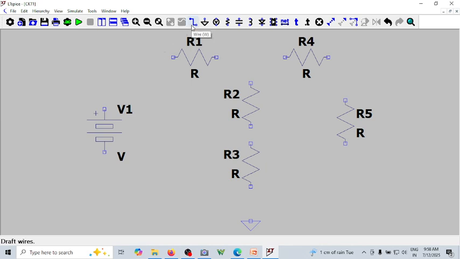So wiring can be done using this. You can simply type W on your keypad, and the wire will come. Now you can see start wiring. You start from here, click on this, and then stop wherever you want to make a turn, and click there.